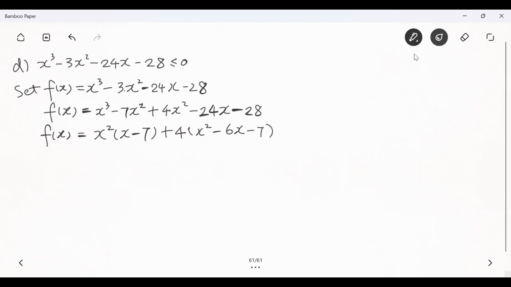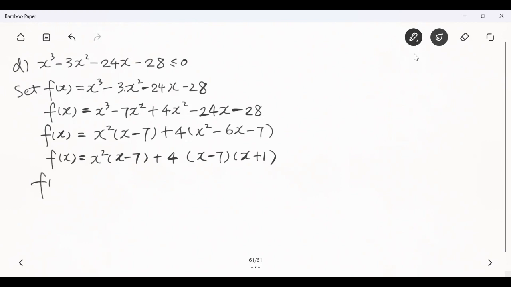Okay, so next is x squared times x minus 7 plus 4 times negative 6x negative 7. So you can factor that: x minus 7 times x plus 1, right? Because 7 minus 1 is 6.